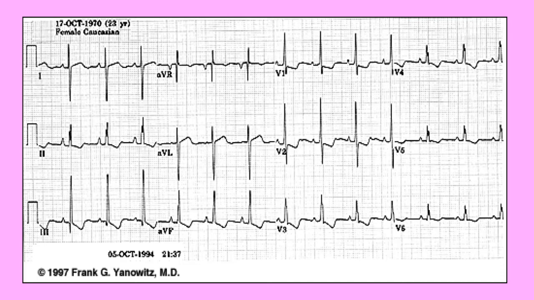If you're looking at P waves in lead 2 and V1, those P waves are tall and they're pointed. So this is a very good example of, and I'll give you the answer, right atrial hypertrophy. That's an example of that.